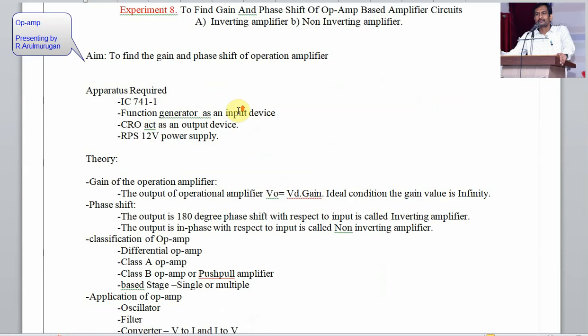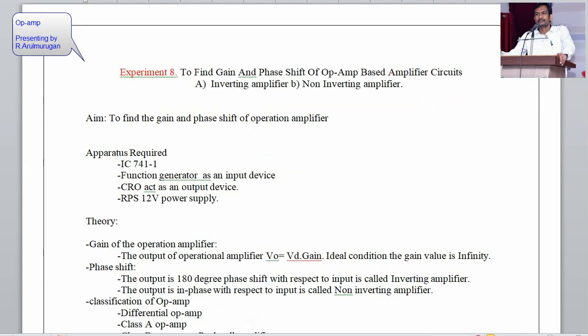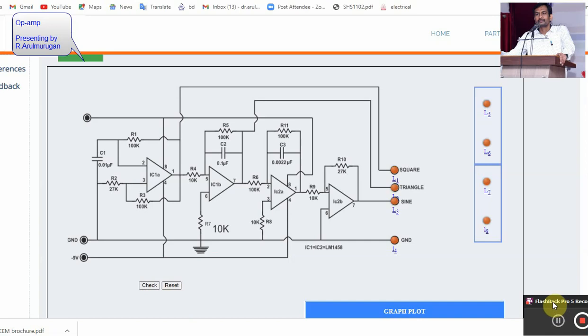So let's go with that VLab. That's all about this experiment. So let's go with the VLab experiments.